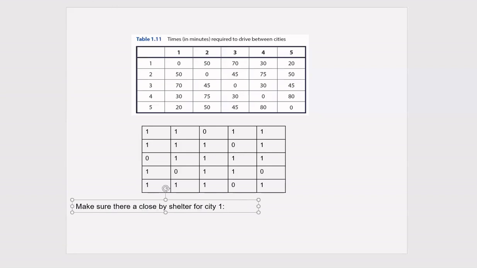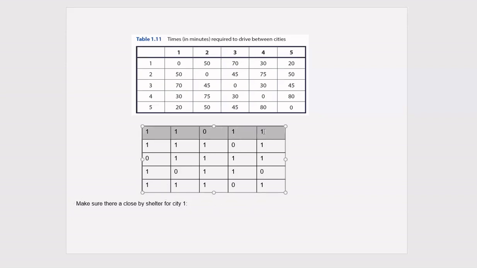How can I utilize this matrix now to write my constraints? You can, yeah, when you multiply the vector by the matrix, you just make sure that the sum of the elements in a row is greater than or equal to 1 for every row. Yes, great, which means at least one of these ones is selected, right?